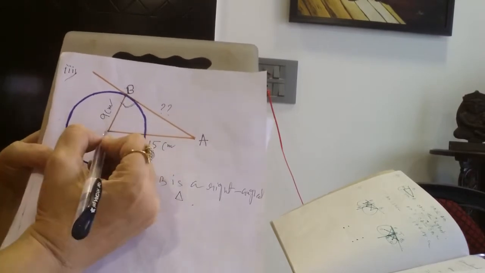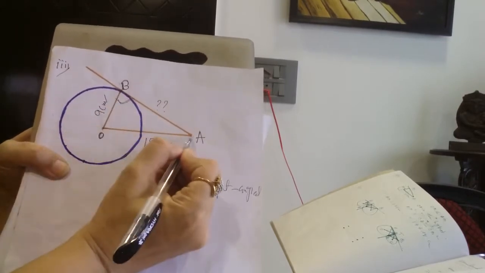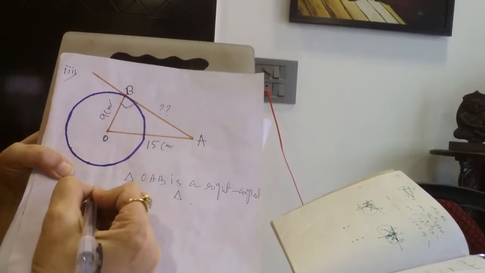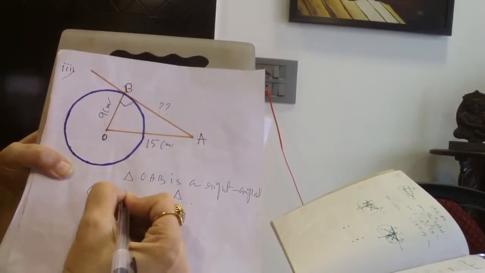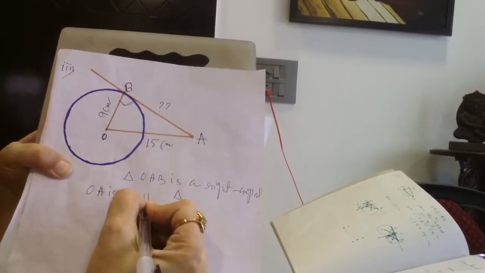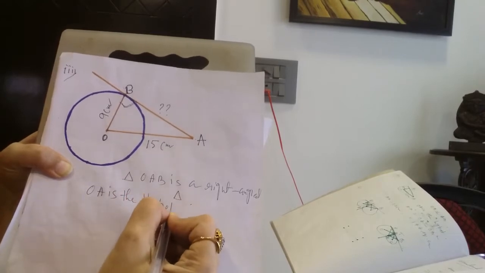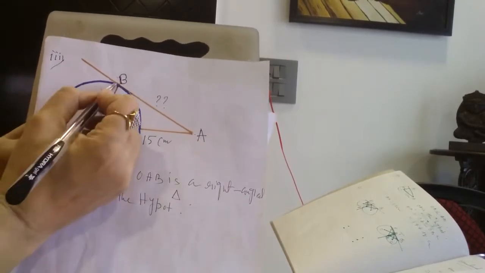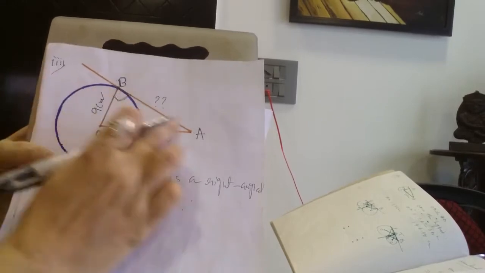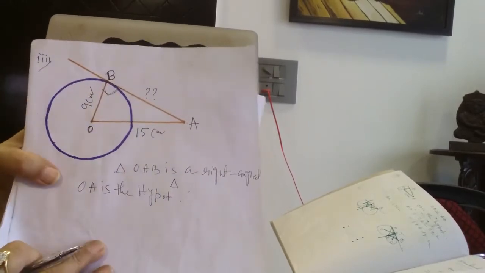Now this is the right angle, that means OA is the hypotenuse, and OB is the base and AB is the perpendicular.